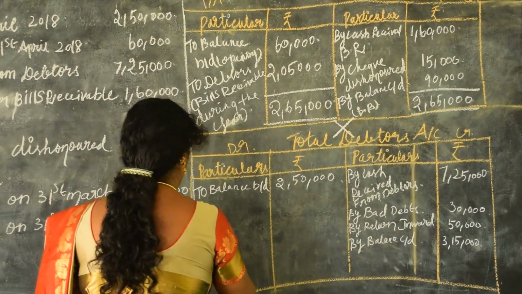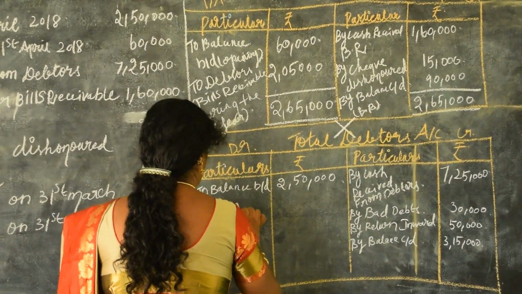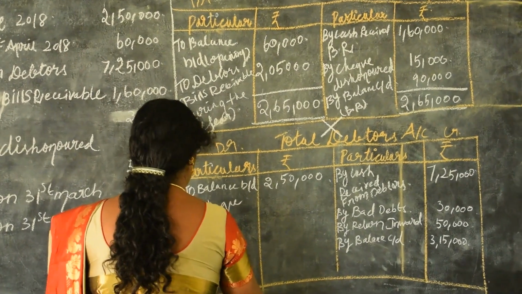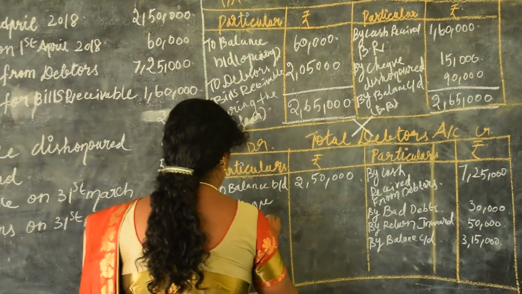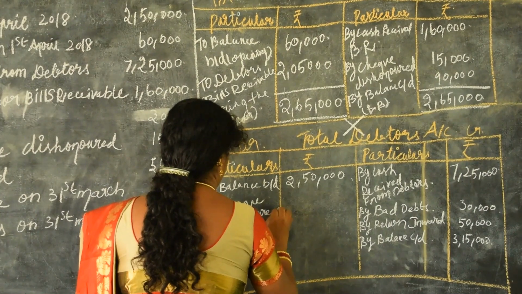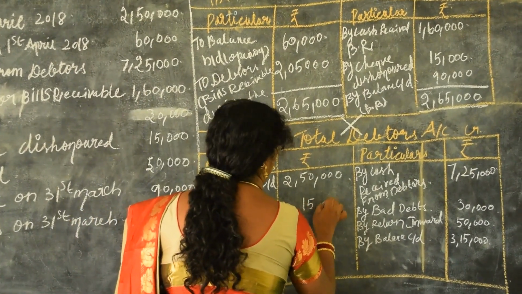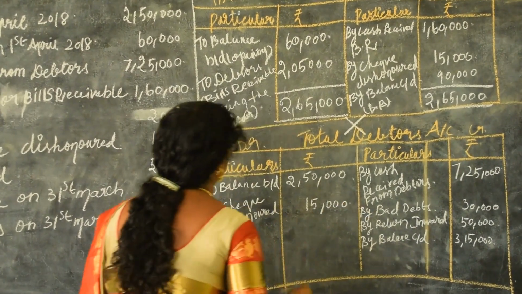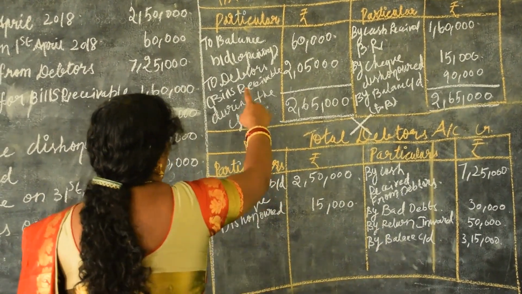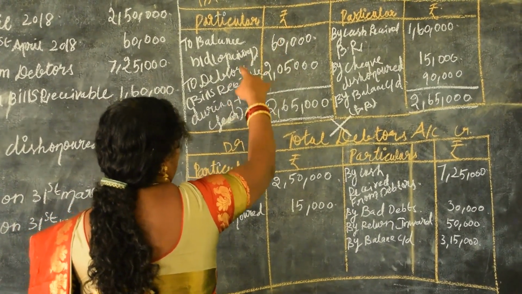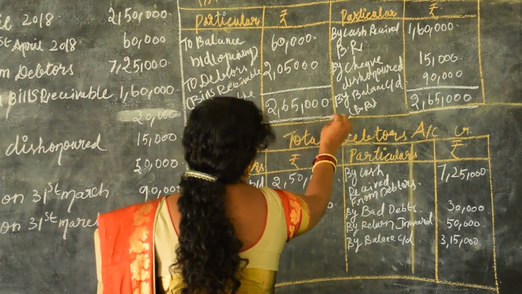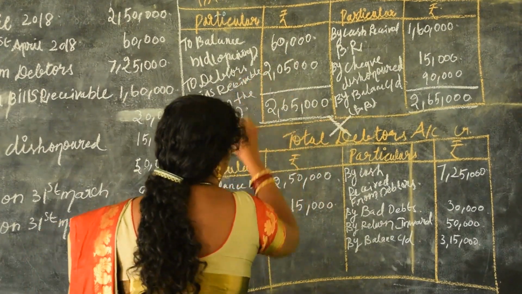Write over here: to cheque dishonoured, 15,000.